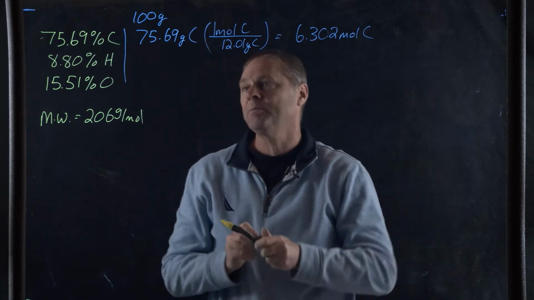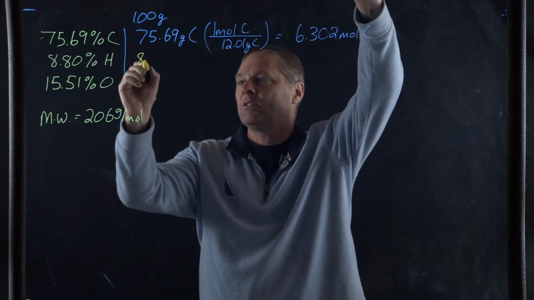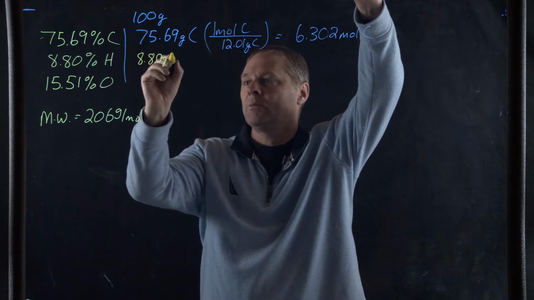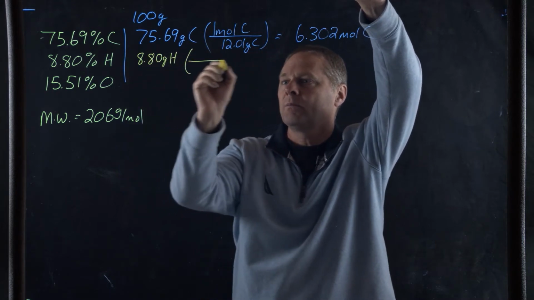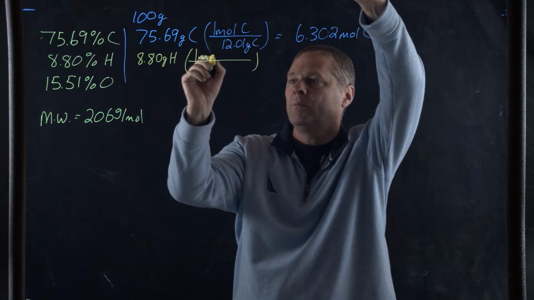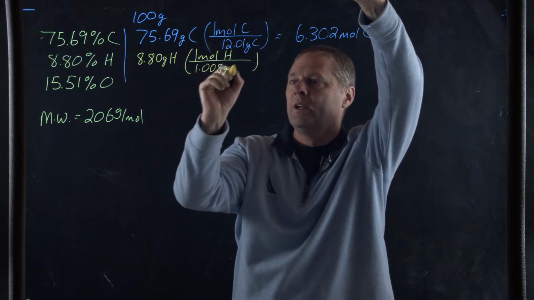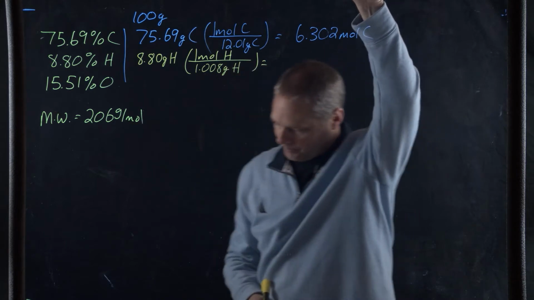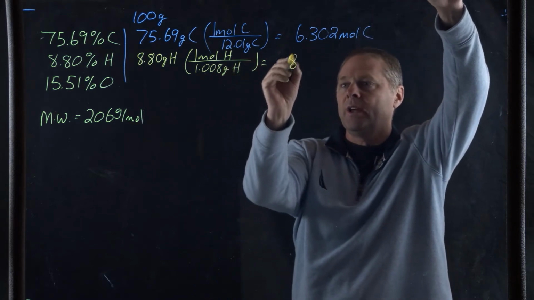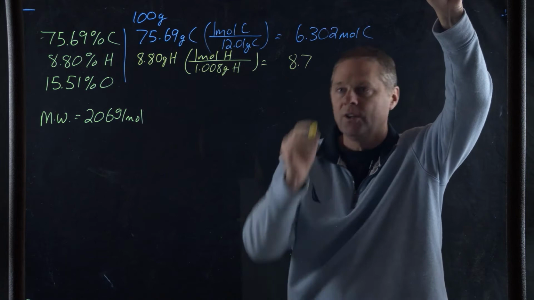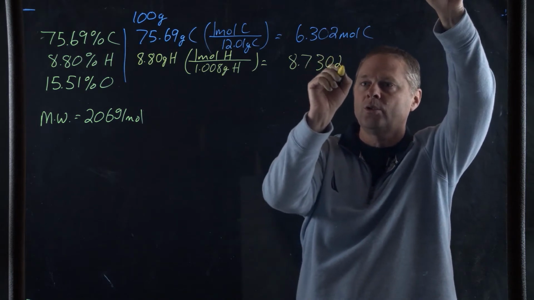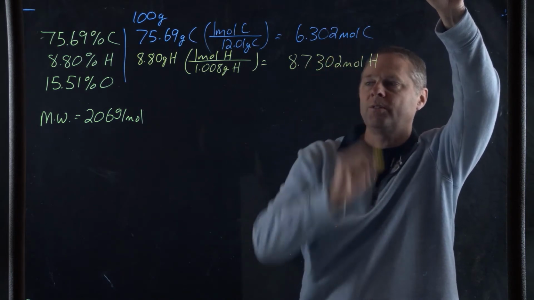Same thing with hydrogen. We have 8.80 grams of hydrogen. 1 mole of hydrogen is 1.008 grams of hydrogen, and that gets us to 8.7302 moles of hydrogen.